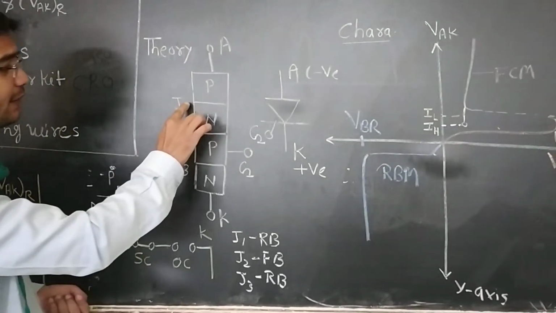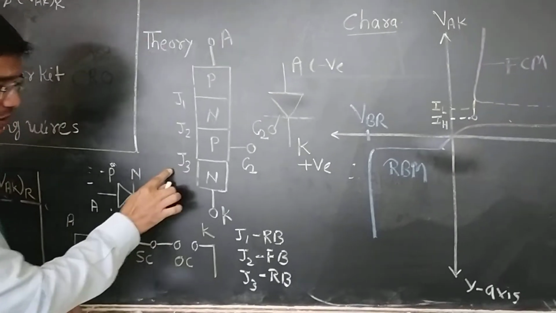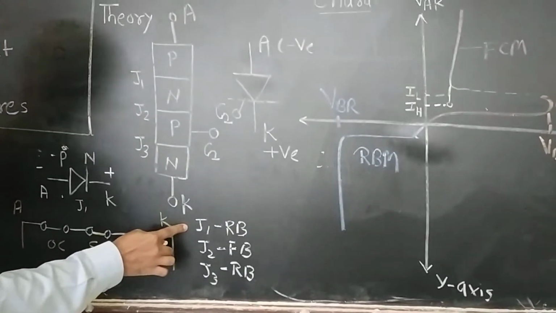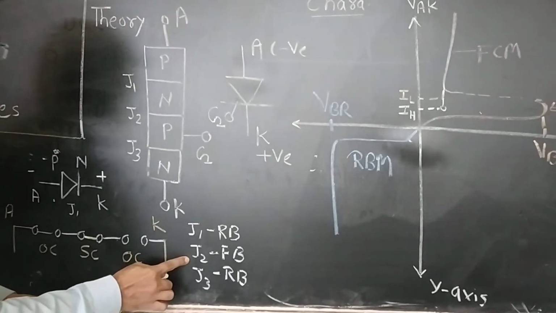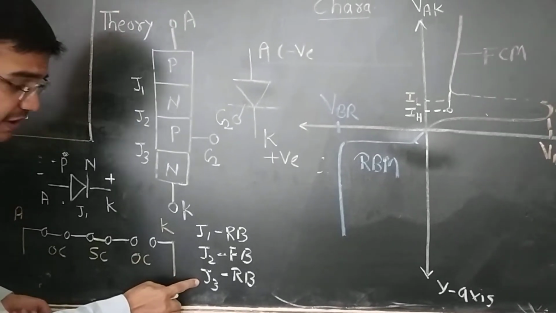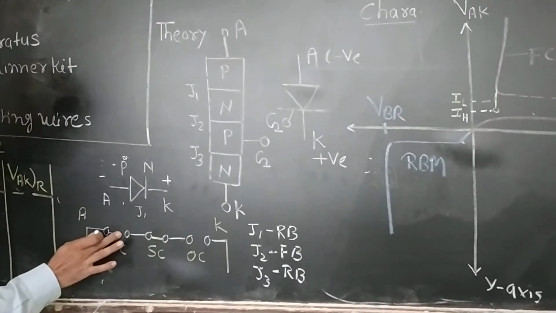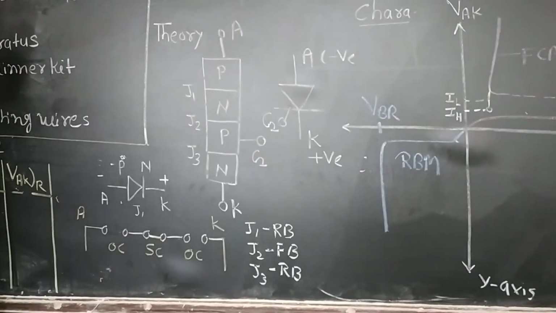So here there are three junctions J1, J2 and J3. Correspondingly we can say junction J1 is in reverse bias condition, junction J2 is in forward bias condition, and junction J3 is in reverse bias condition. So first we will make the equivalent circuit diagram of this particular mode operation.